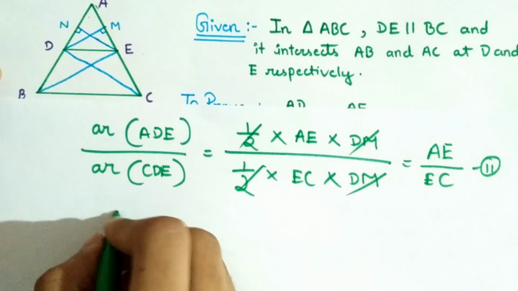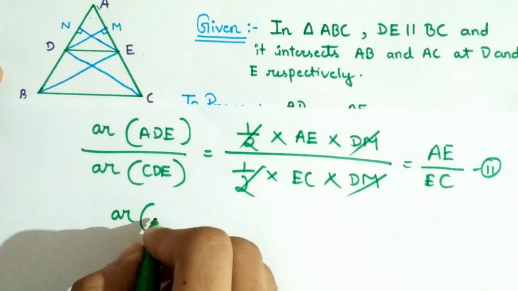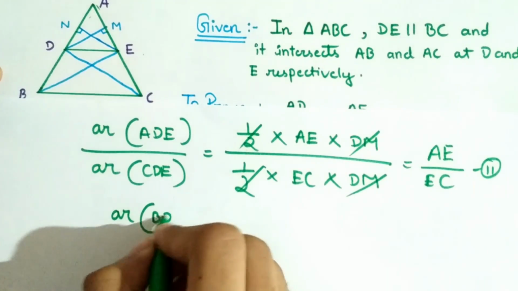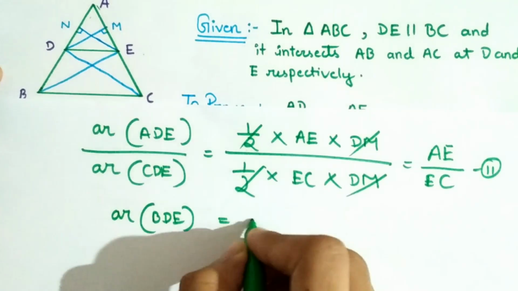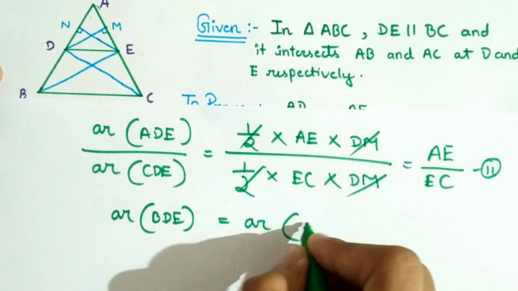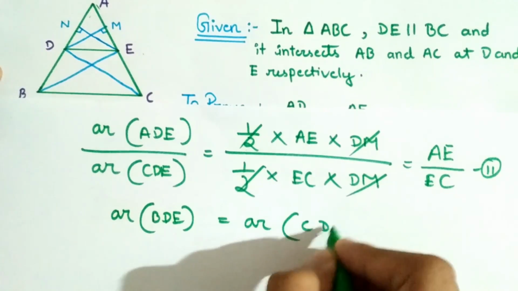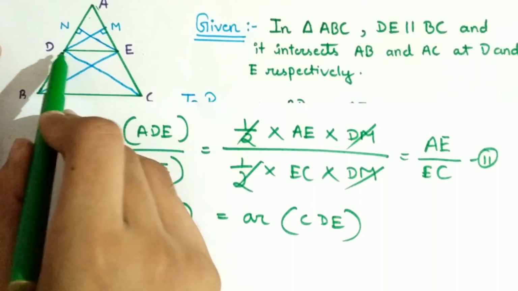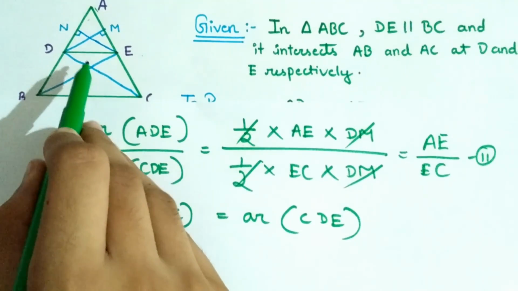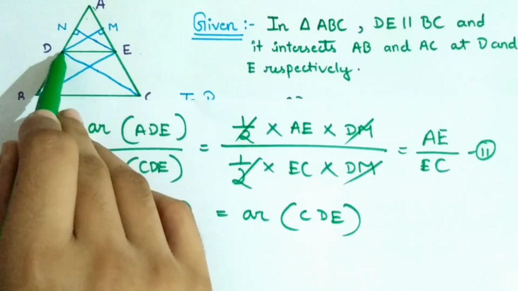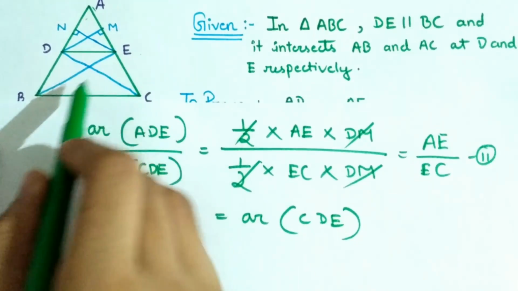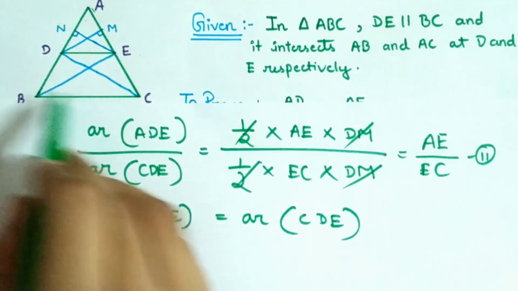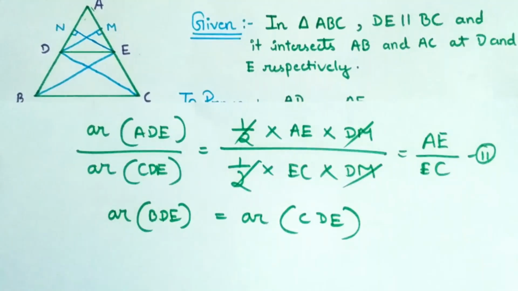You can write here that area of triangle BDE is equal to area of triangle CDE. Guys, why this happened? These two triangles are on the same base and between the same parallels, as DE is parallel to BC, so their areas will be equal.